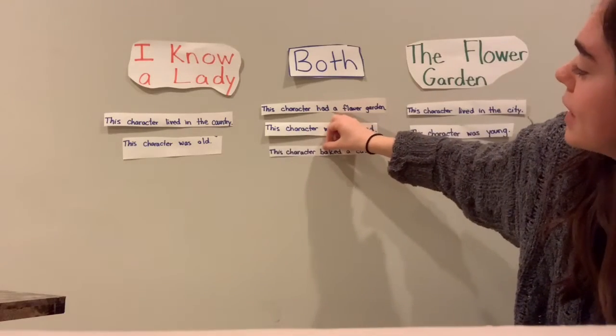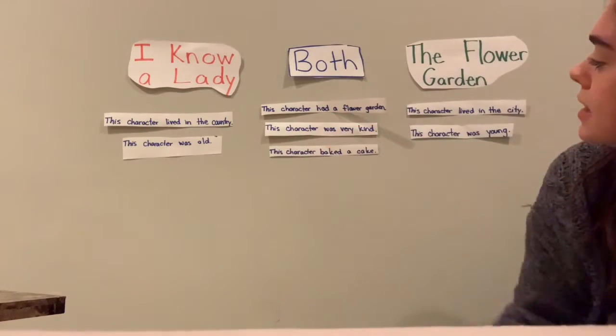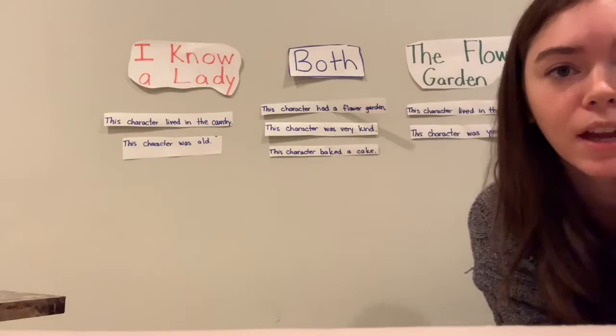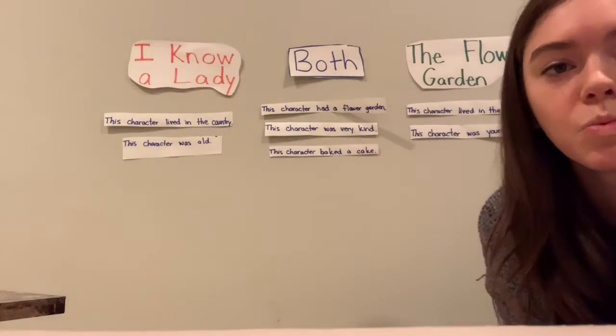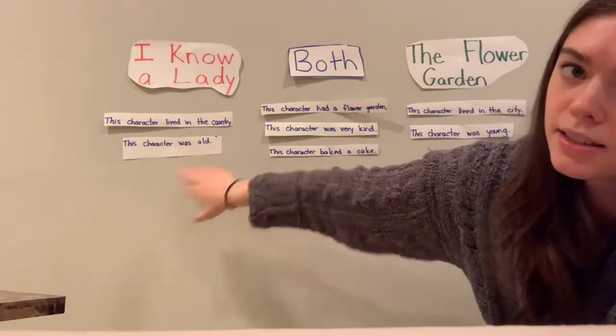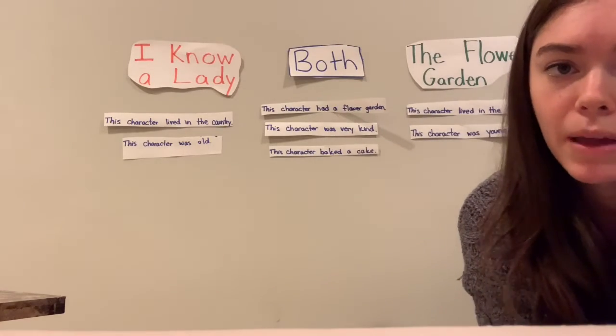I'm gonna guess that they both baked cakes because I saw a picture of a cake in the Flower Garden as well as the little cakes that the old lady would make.